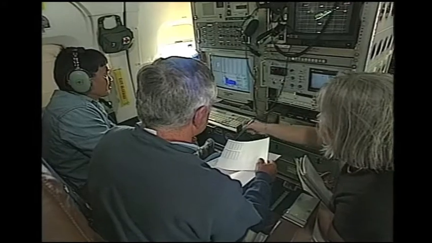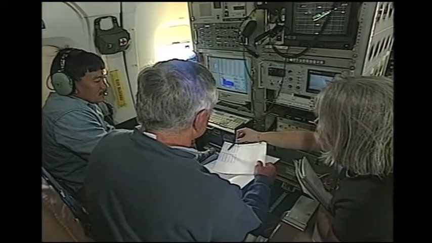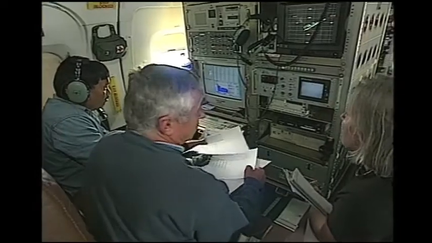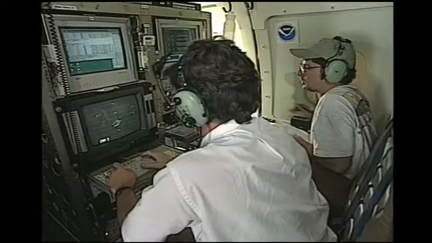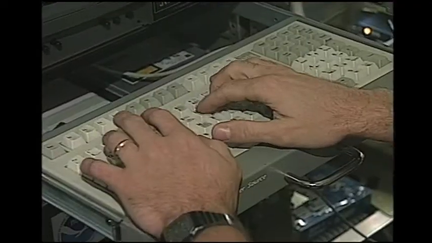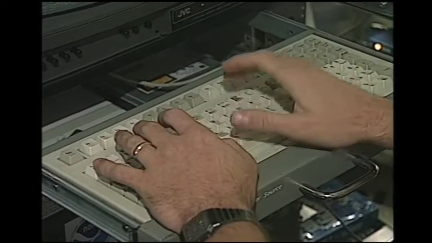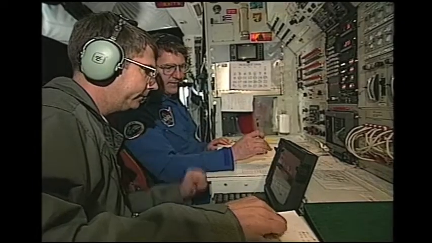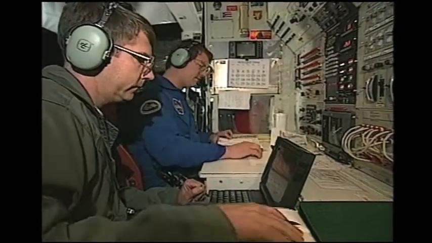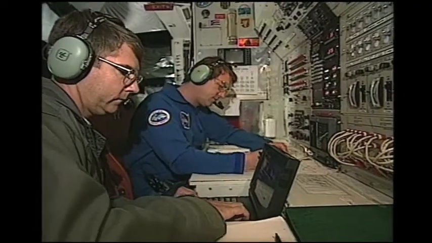Some of the instruments are going to measure the winds, some the rainfall, some details about the cloud and rainfall particles within the air. Others are going to measure the environment around the storm. Some things that we think are important, for example, are the presence of aerosols or dust particles, which actually can influence the storm in a couple of different ways.